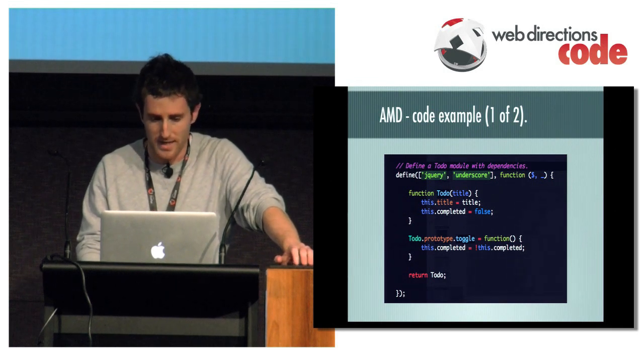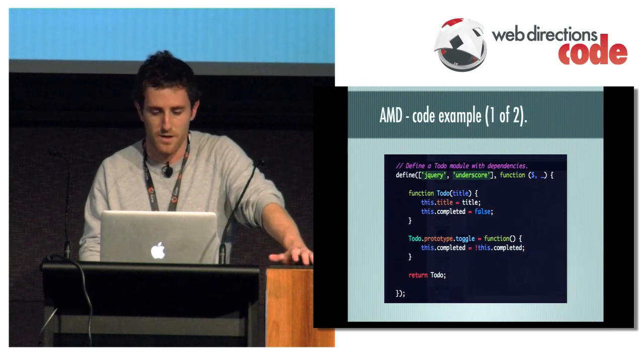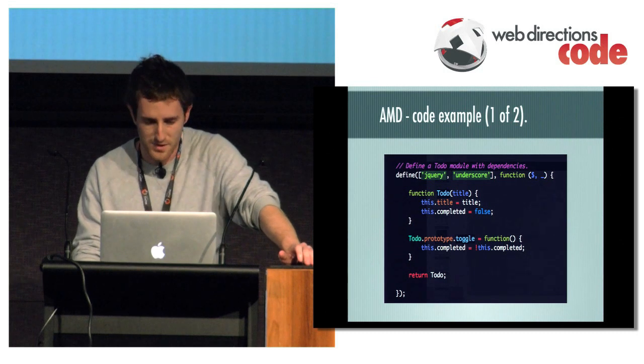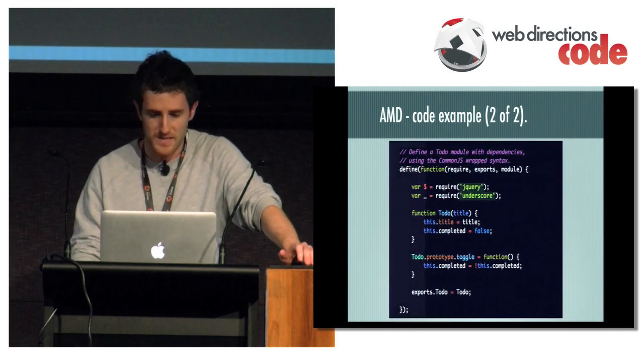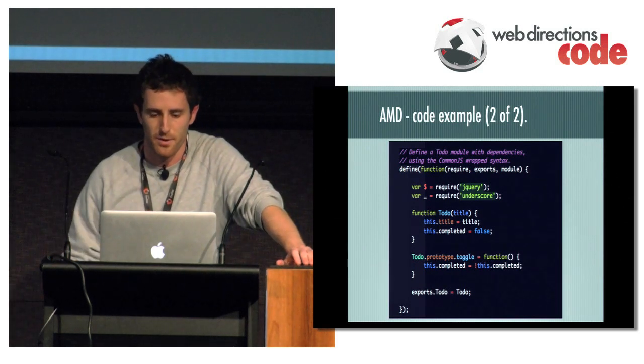That function will execute, creating a to-do, attaching the toggle function, and then exporting or returning that. So you can imagine that we could do something very similar to using CommonJS, but by wrapping it in an AMD approach.